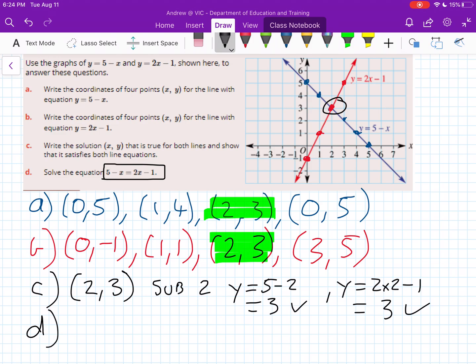This is where they overlap, and we just need to find the x value because that's what's in here. The y one's not in there, so we actually don't need to do any working out. We just need to look at the x value of where they overlap, which is 2. So this is just x is equal to 2.